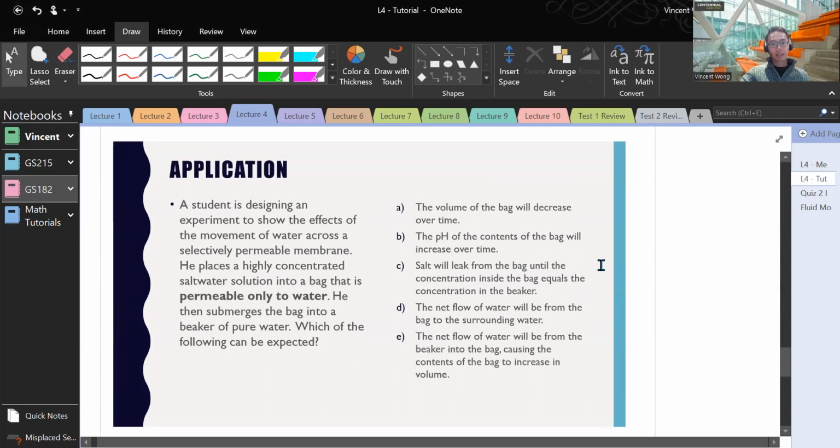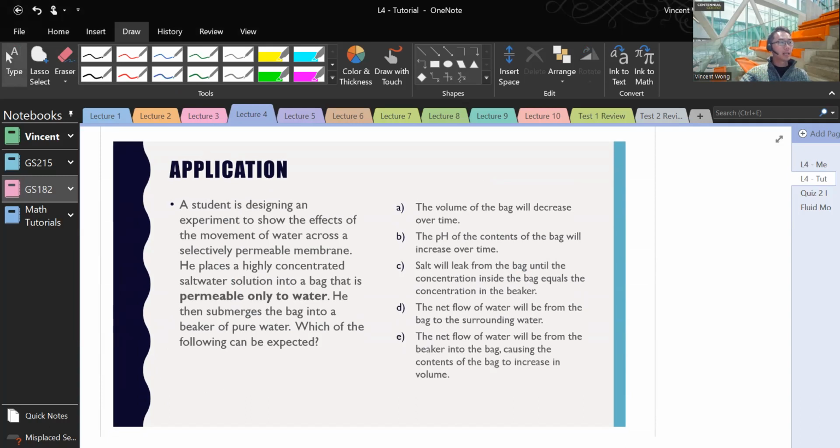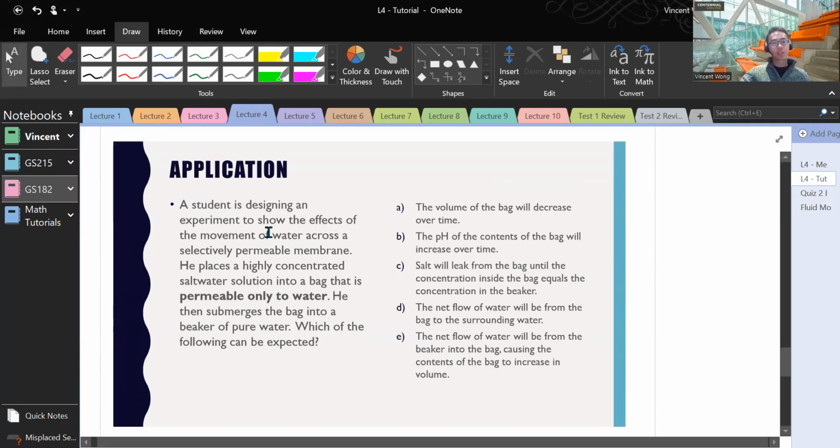Okay. This one is really long, but it's an example of an application question. I will just go through it with you. Okay, so a student is designing an experiment to show the effects of the movement of water across a selectively permeable membrane. He placed a highly concentrated salt water solution into a bag that is permeable only to water.